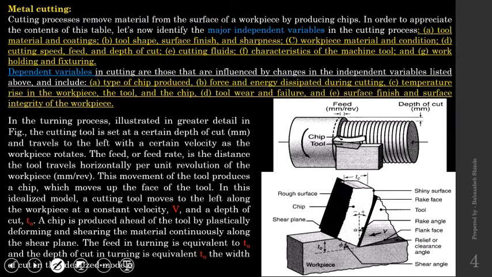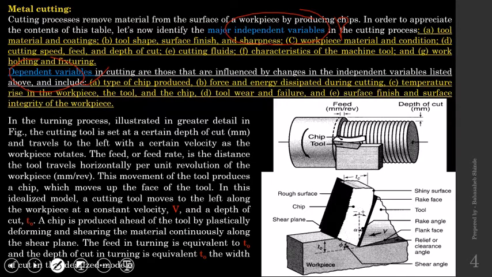These variables are majorly categorized into two parts. The first one is independent variable and second one is dependent variable. Or in some textbooks you can find them called primary variables and secondary variables also. But we are going to follow this independent and dependent variable terminology.